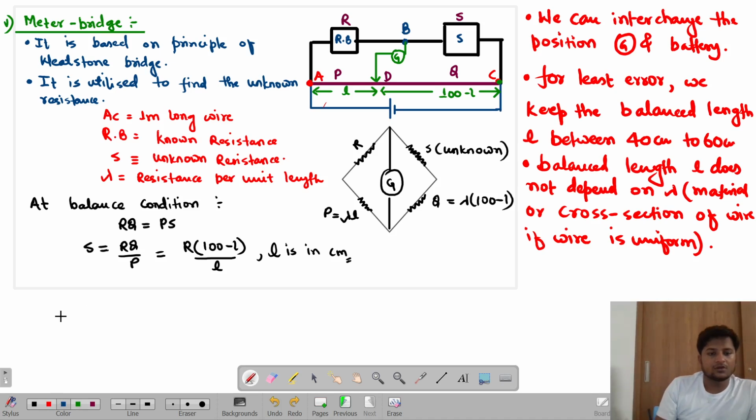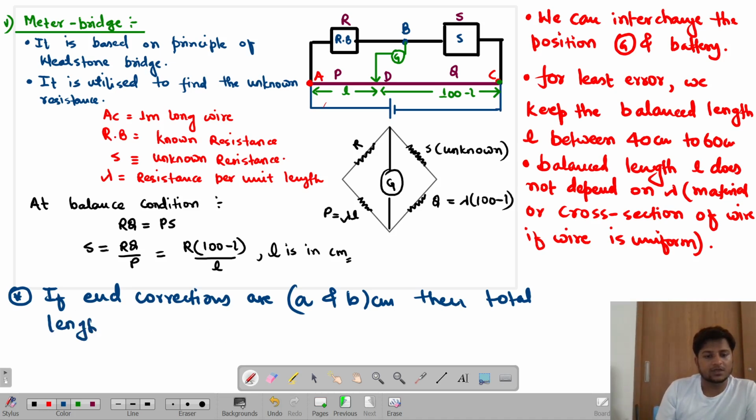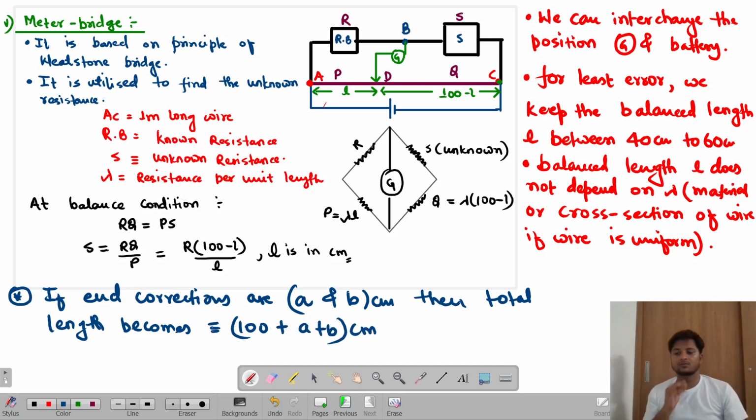So note this: if end corrections are A and B, means if in the end I have left some length, void or not, so A and B centimeters, then total length becomes 100 plus A plus B centimeter. Are you able to get me or not? Is that clear?